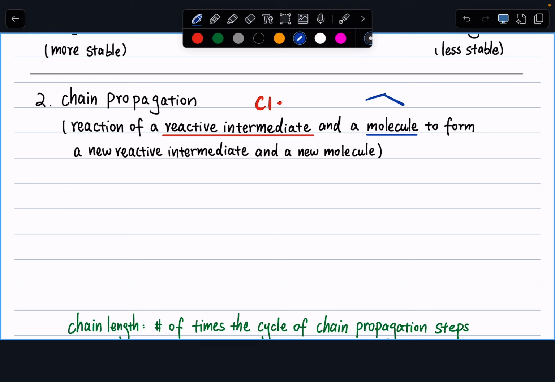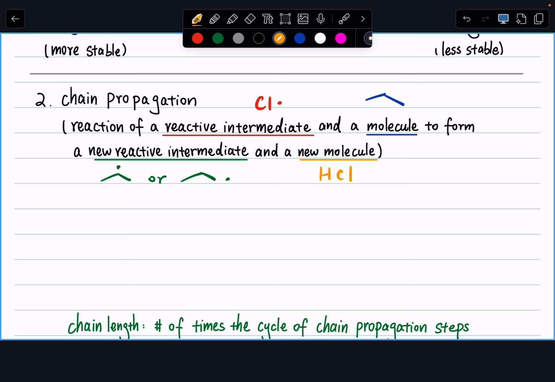All right, and depending on which hydrogen is being abstracted, my new reactive intermediate will be either a secondary radical or a primary radical, depending on which hydrogen is being abstracted by the Cl dot. And my new molecule is my HCl.